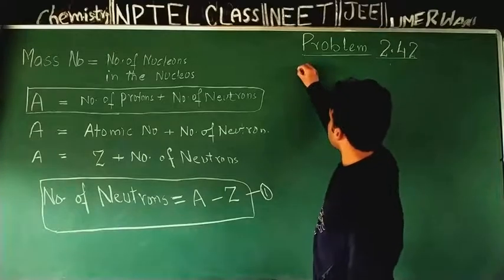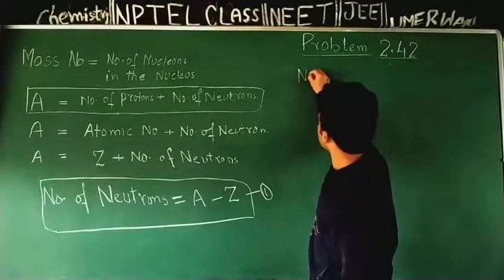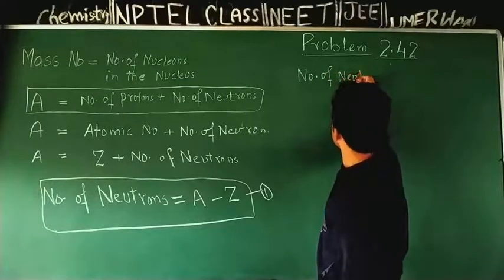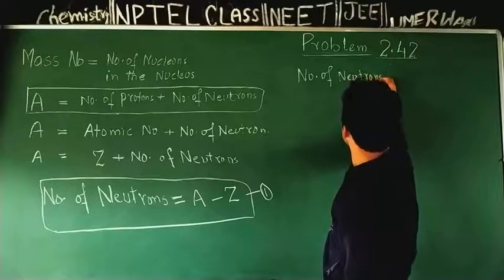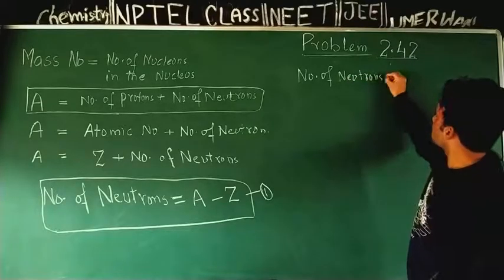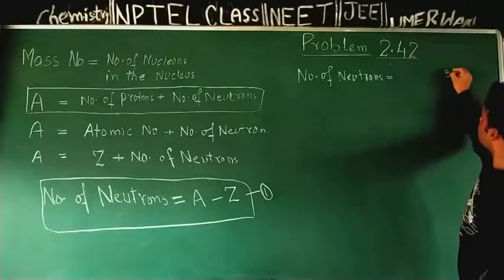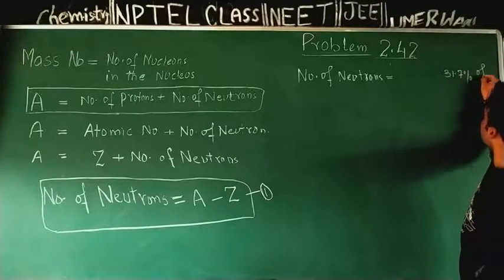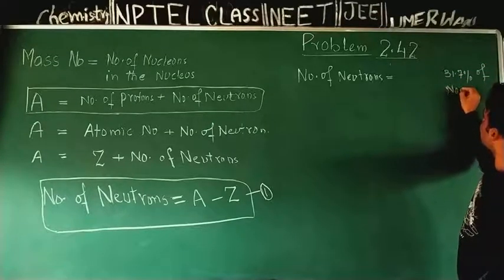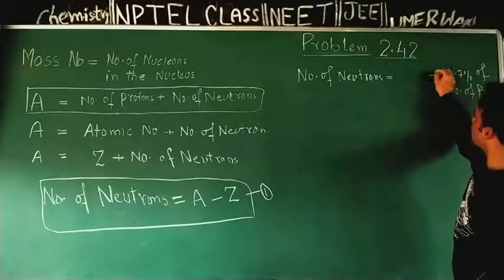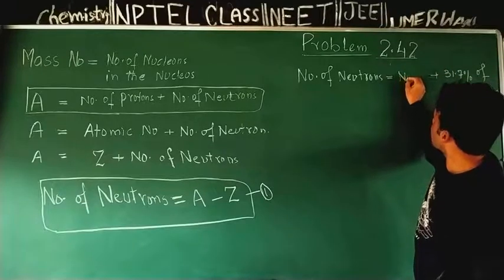Now the question says that number of neutrons are related to number of protons in this element, and number of neutrons is equal to 31.7% of number of protons greater than number of protons.